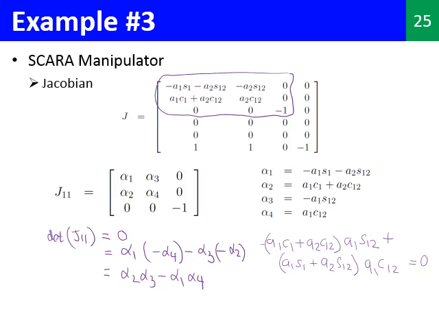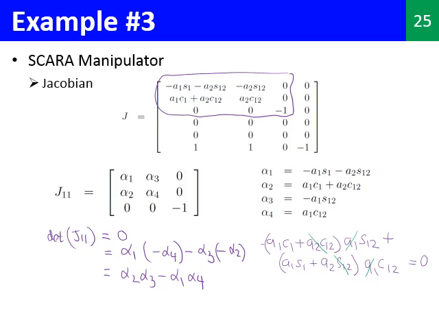From this equation we see that A1 cancels off, and also this whole term of A2 C12 would cancel.